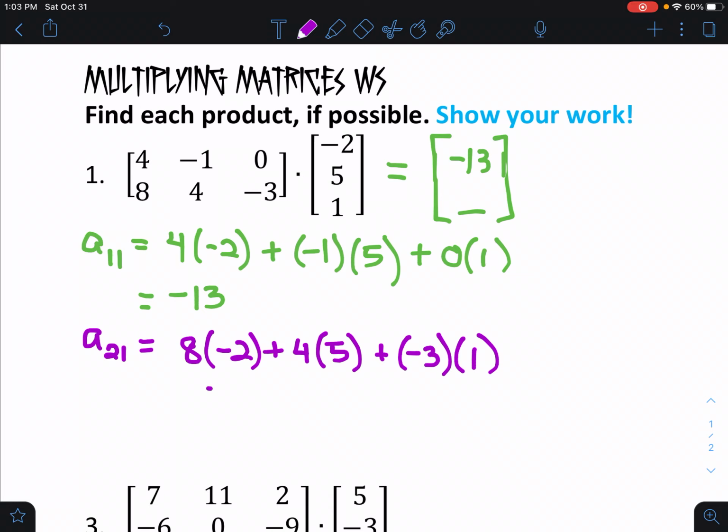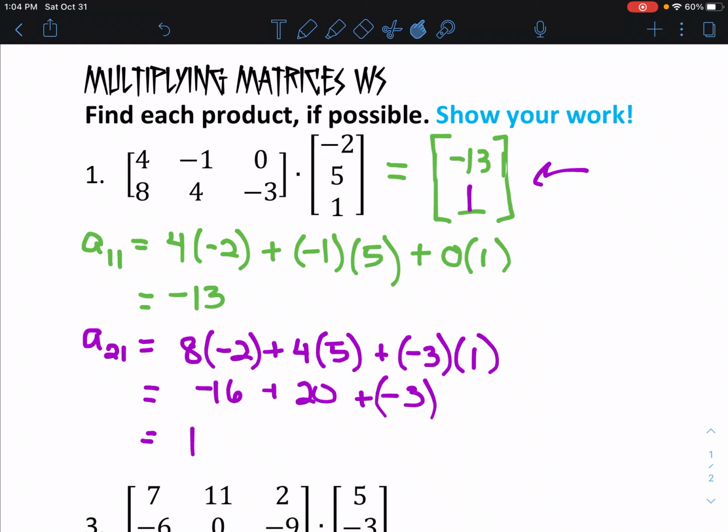Okay, so I've got -16 plus 20 plus -3. Okay, so that gives me 1. All right. And that is my first answer right here. And we've got our first problem done.